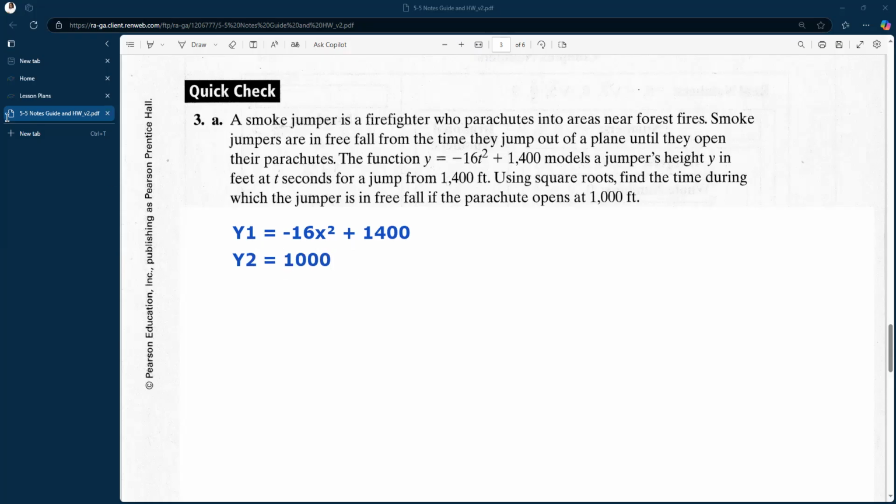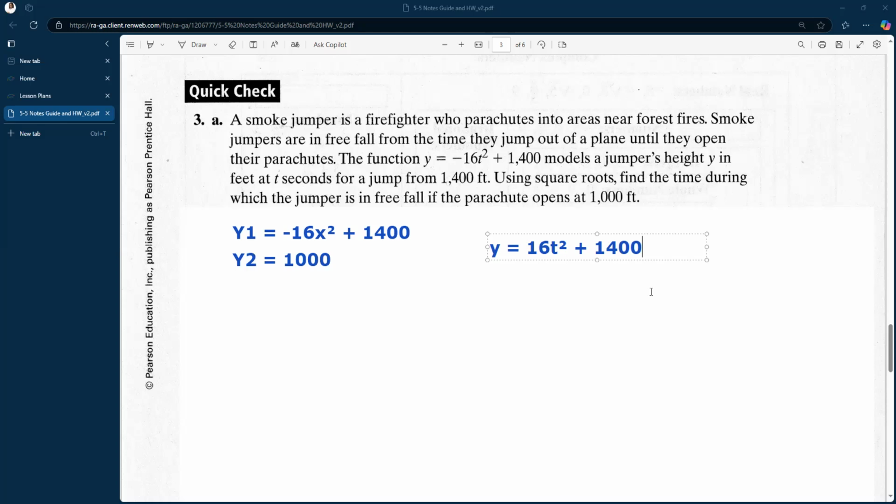If we were doing this algebraically, we have y equals negative 16t squared plus 1400. And notice, if you're putting it in your calculator, you must use x. If you're doing it by hand, you can use t.